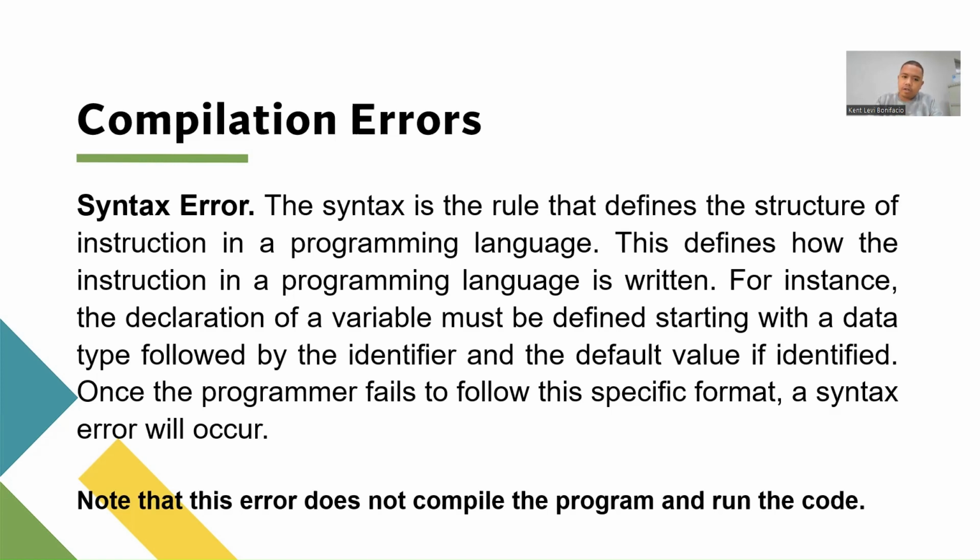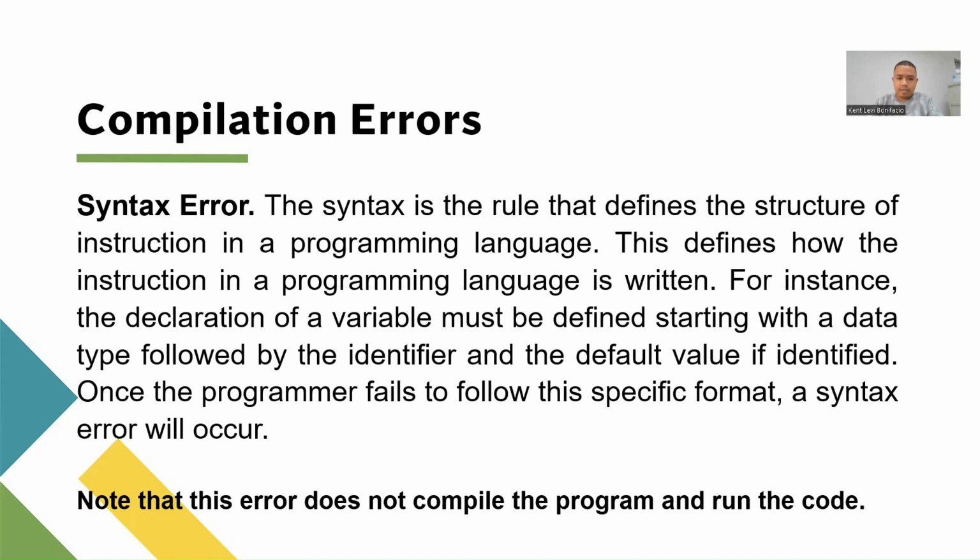Once the order changes, we will encounter what we call a compilation error, and to be specific, that is under the syntax error. Once the programmer fails to follow this specific format, this syntax error will occur. Note that when we encounter a syntax error, the program will not be compiled and will not run.